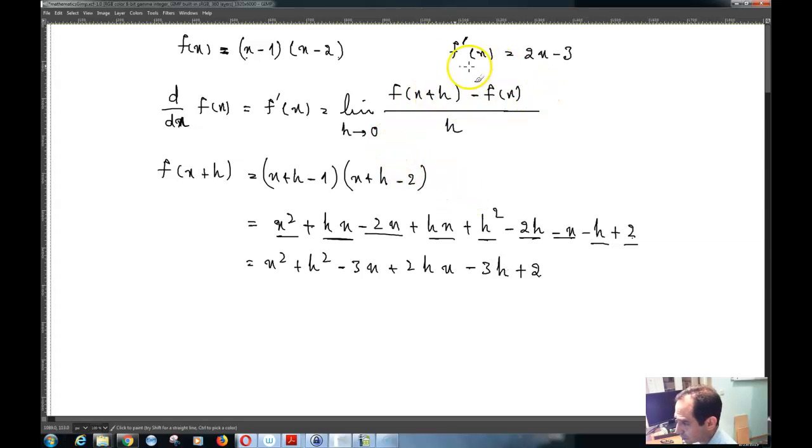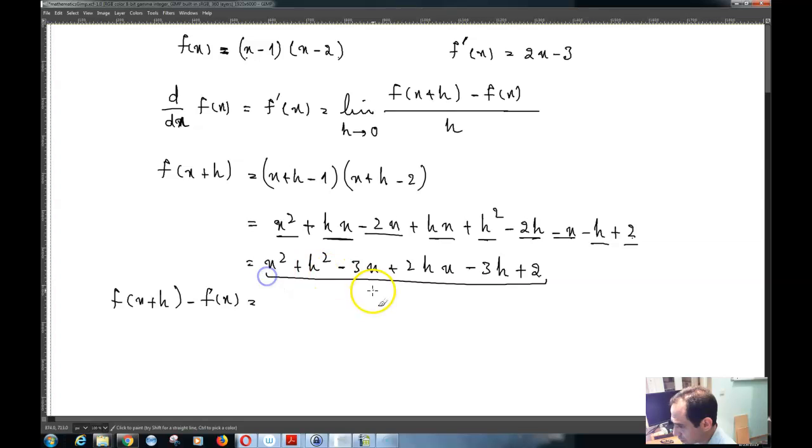And to calculate f of x plus h minus f of x, that would be this whole expression over here minus f of x, which is equal to minus x minus 1 times x minus 2. So this is equal to x squared plus h squared minus 3x plus 2 times hx minus 3h plus 2.